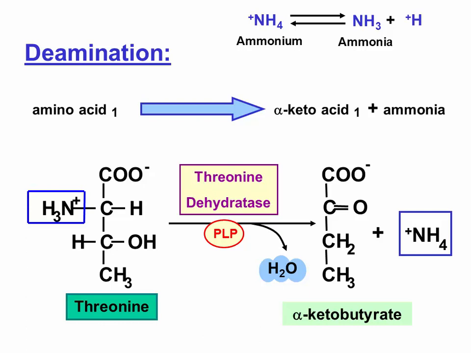What do I have up here? This is just a little tidbit for you. For the most part, I think I've written these reactions, whenever we deaminate or take an amino group anywhere, as ammonium.